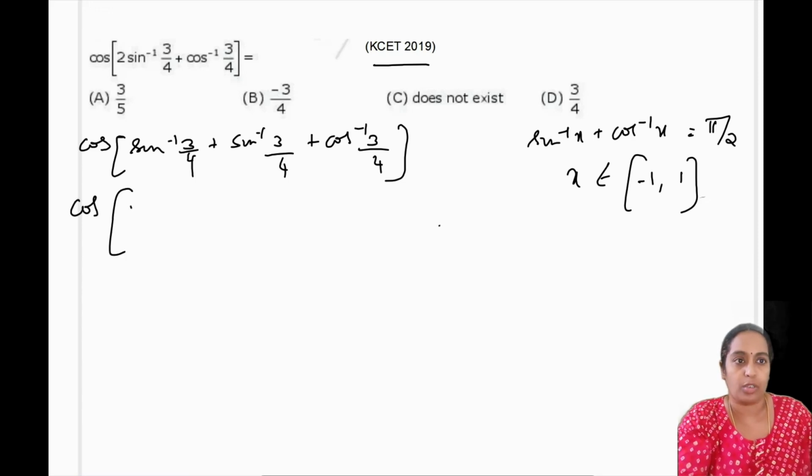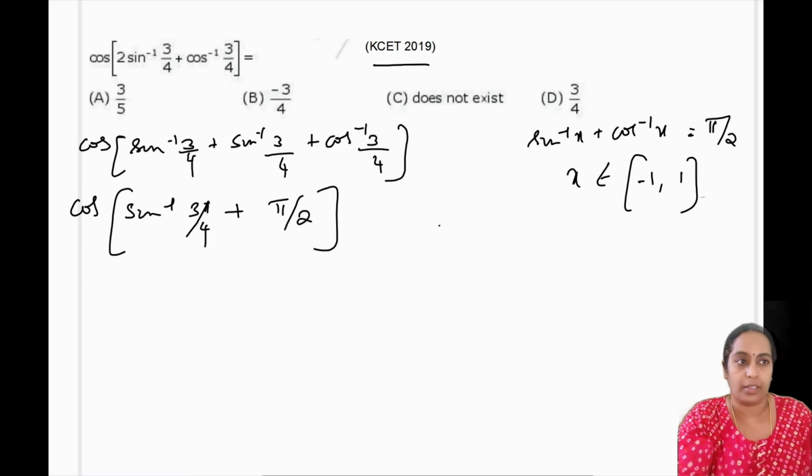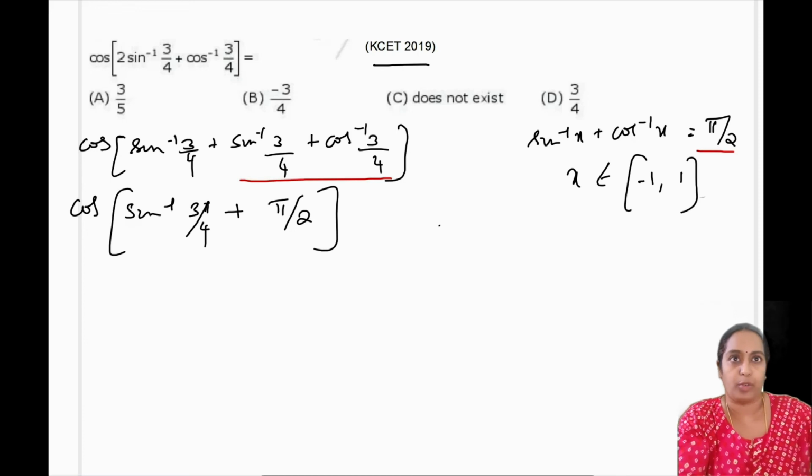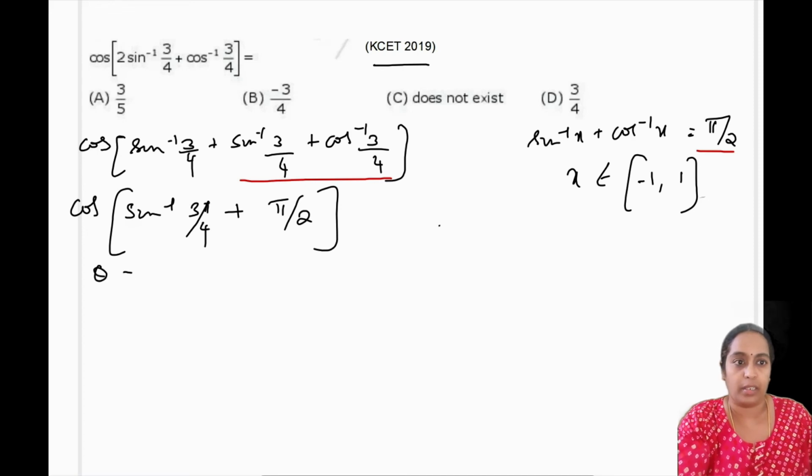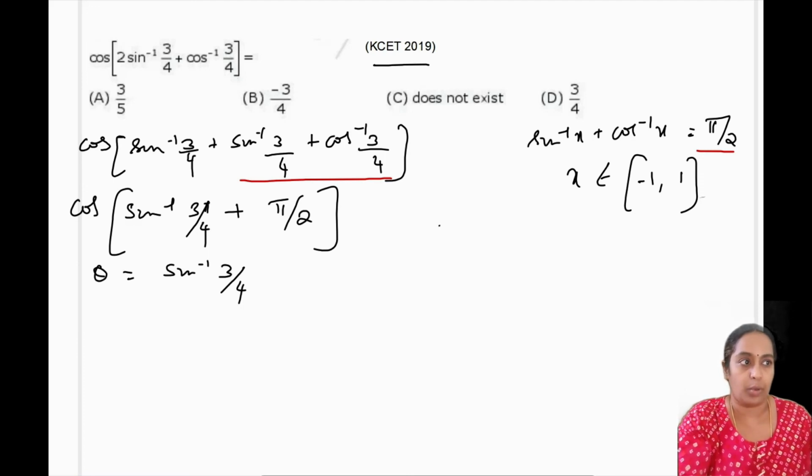So cos of sine inverse 3 by 4 plus pi by 2. Because sine inverse 3 by 4 plus cos inverse 3 by 4, it is pi by 2. So now we have cos of pi by 2 plus sine inverse 3 by 4. So here theta is sine inverse 3 by 4. So let's see the quadrants.